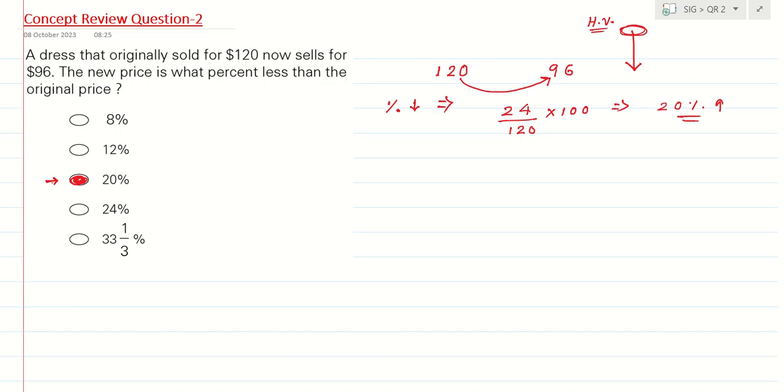So what is the clue? The clue is the options. Very interesting. I told you the options will always be given in increasing order. For the GMAT and GRE, options will be given in increasing order. So you might have observed carefully. Choosing the right option is not a difficult task.